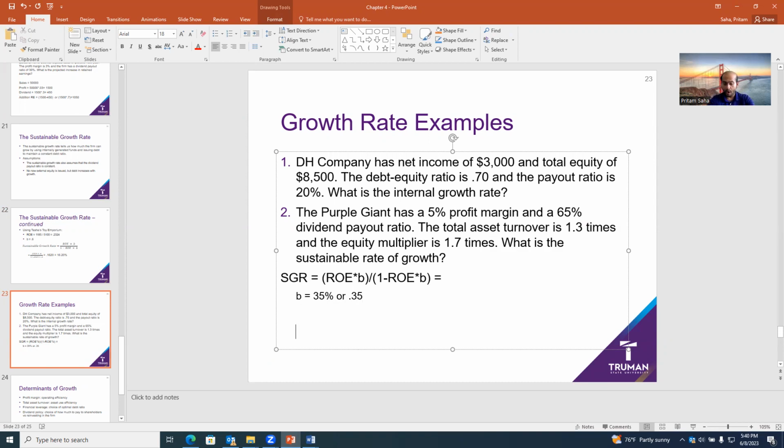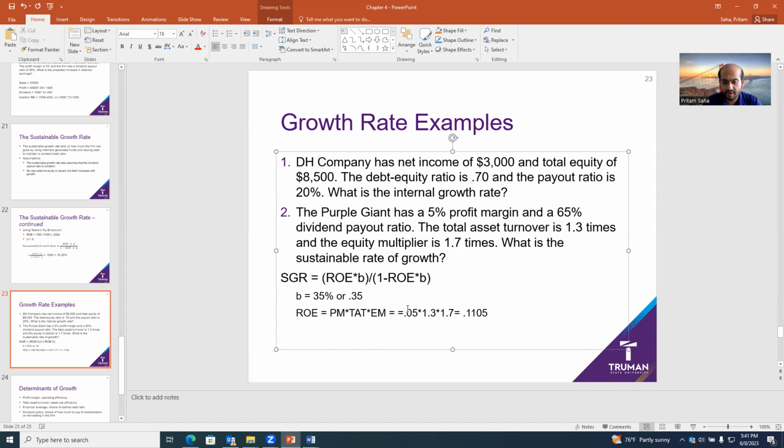From DuPont analysis, we know that return on equity is profit margin times total asset turnover times equity multiplier. So 0.05 times 1.7 times 1.3 gives 0.1105.